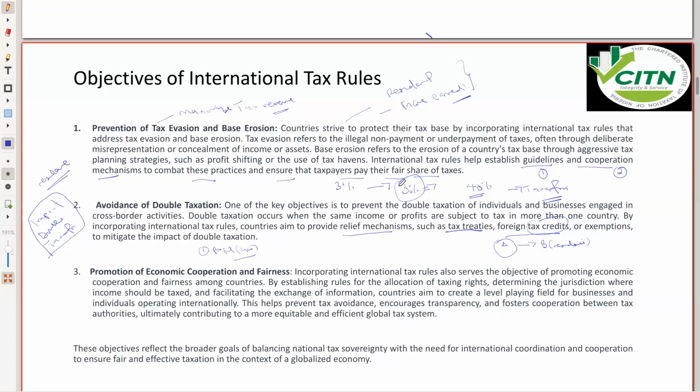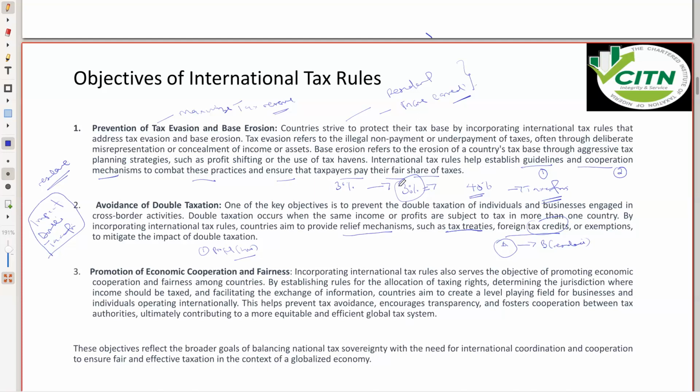So this would help encourage some level of transparency, foster cooperation between tax authorities, and ultimately ensure an equitable and efficient global tax system. So if you are in your own country A, and you only have data on information in your country, it becomes difficult for you to really know what is earned from your country by a company that is not resident in your country, because if they're selling to your resident, payment is made direct to the account. So you don't know what's happening there.